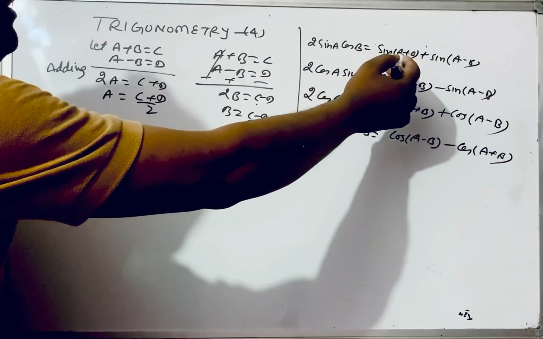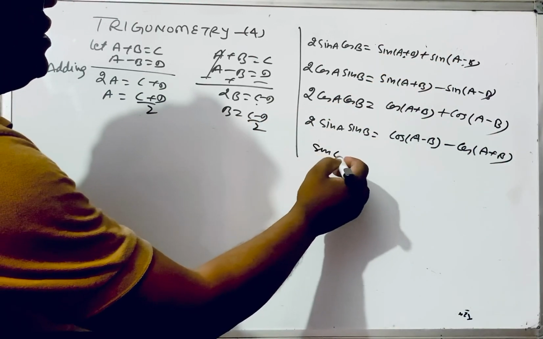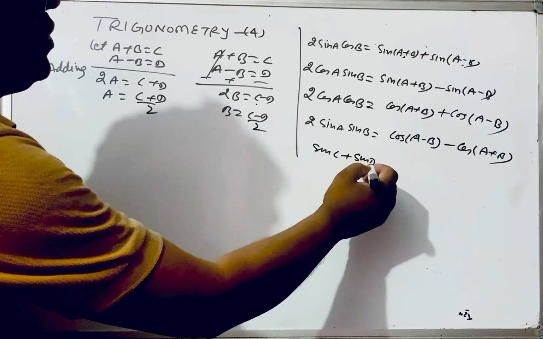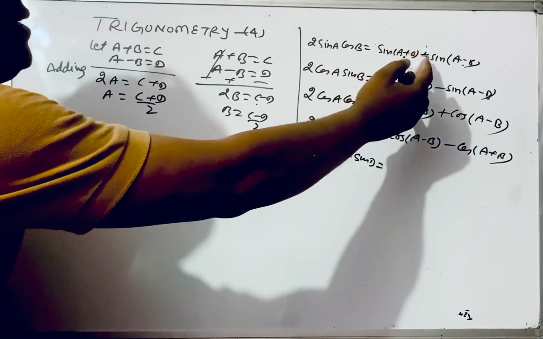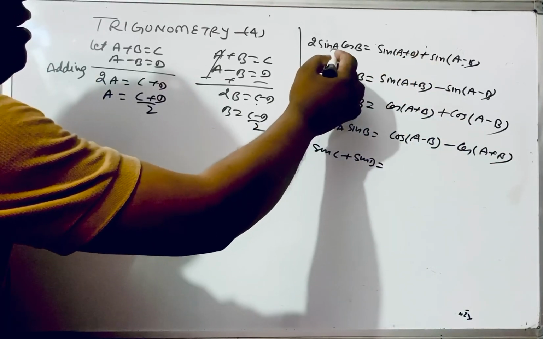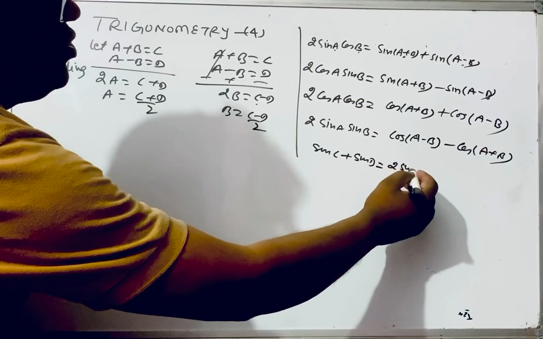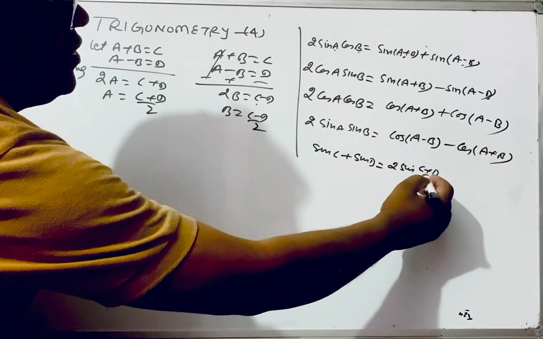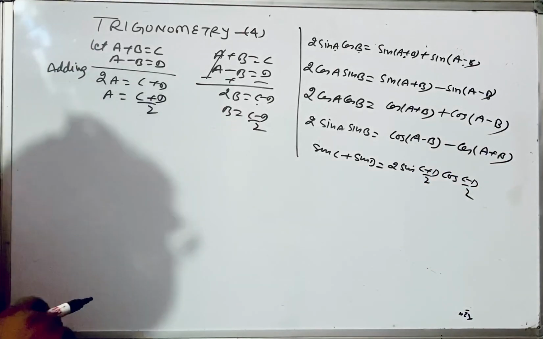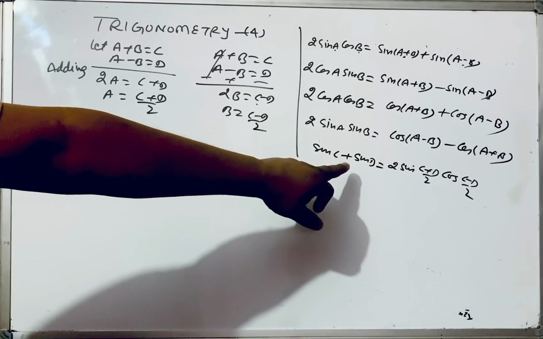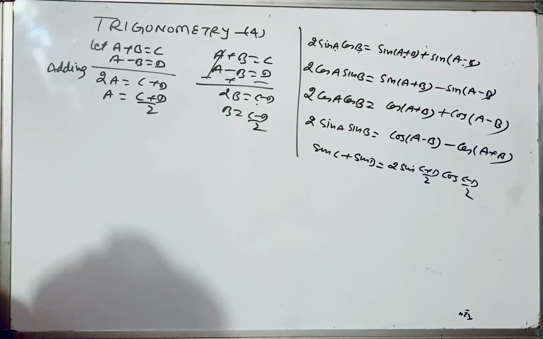Now put here C and here D. We will get sin C + sin D. We get sin C + sin D is equal to 2 sin((C+D)/2) cos((C−D)/2). This is another formula: sin C + sin D is equal to 2 sin((C+D)/2) cos((C−D)/2).